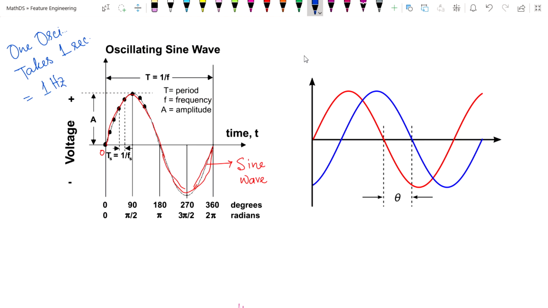If it oscillates 2 times in a second, then 2 oscillations take 1 second. If it takes 2 seconds for one oscillation, then what is its frequency? It will be 0.5 hertz. Sorry, my mistake.